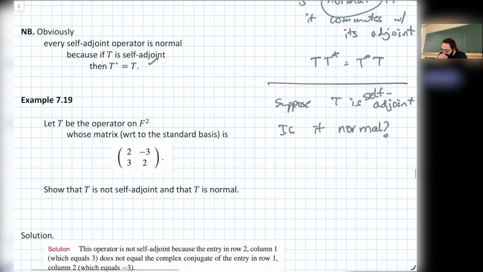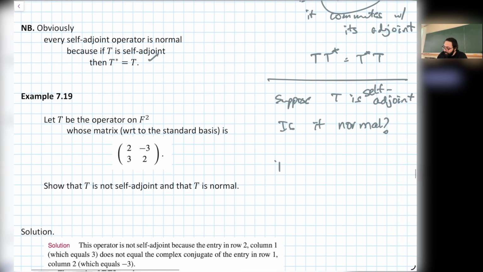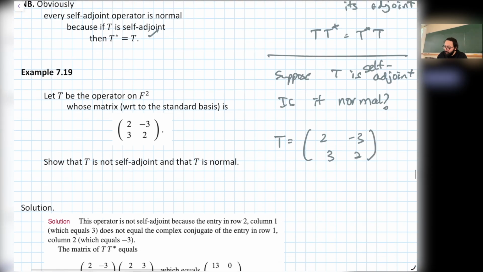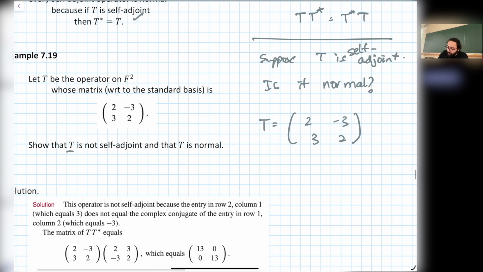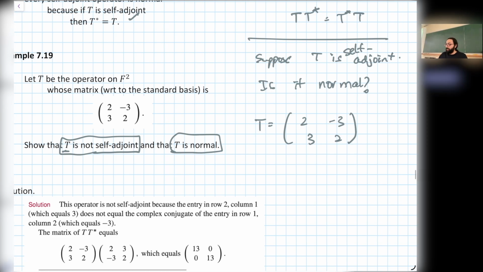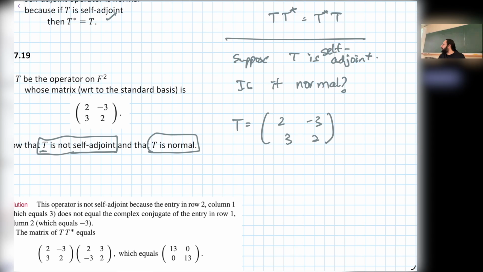Now let's look at an example here. We are going to take T to be this matrix 2, -3, 3, 2. What we want to do is argue that T is not self-adjoint, but T is normal. So how do we check whether something is self-adjoint or not? You compute the adjoint. So how do you compute the adjoint?